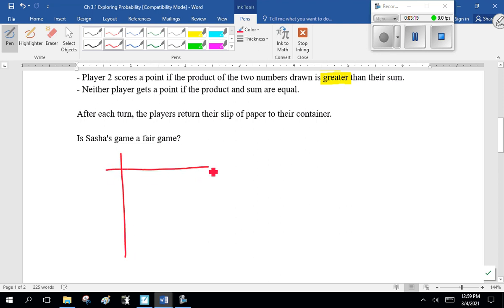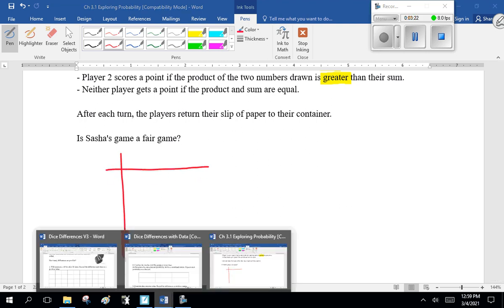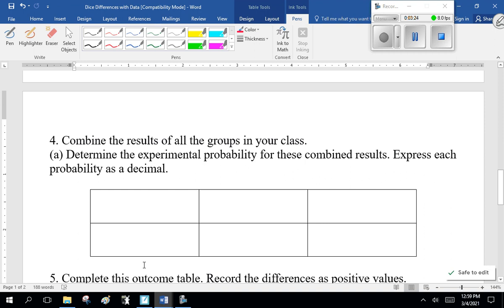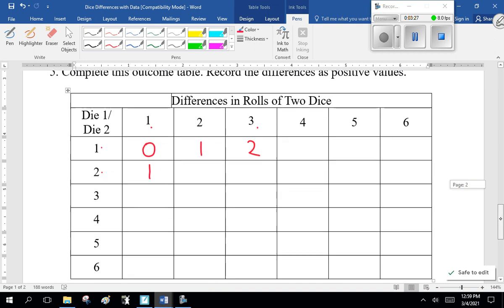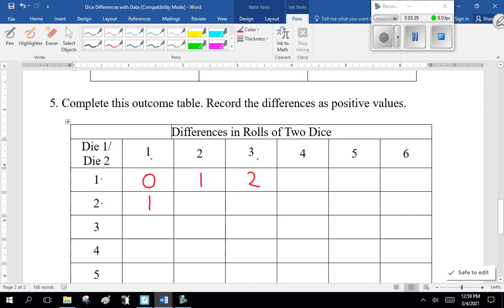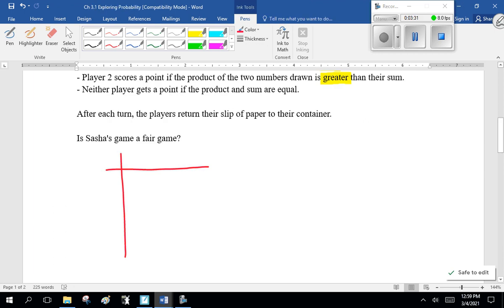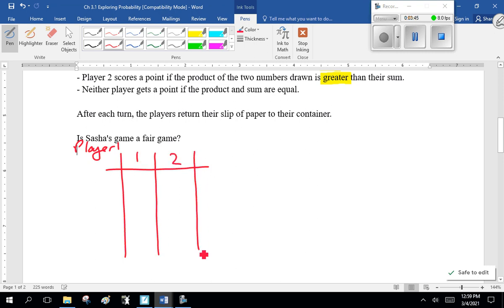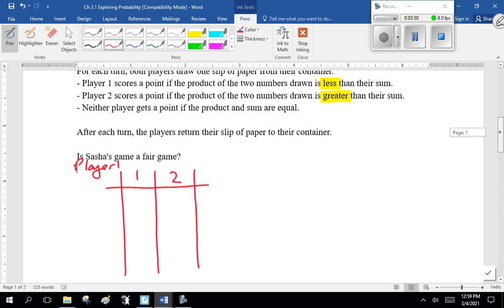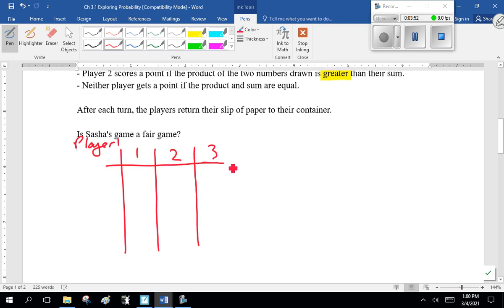Now, remember, we just did this for the dice differences back here. Look at the possible outcomes. So we do the same thing here. So, player number 1. This is player 1. We get a 1, 2, 3, sorry. Apologize, getting old, I couldn't remember.